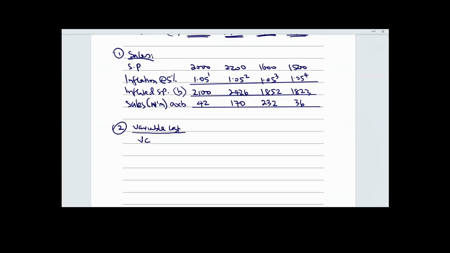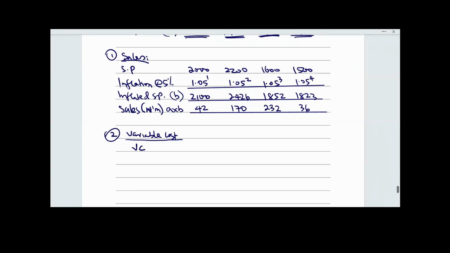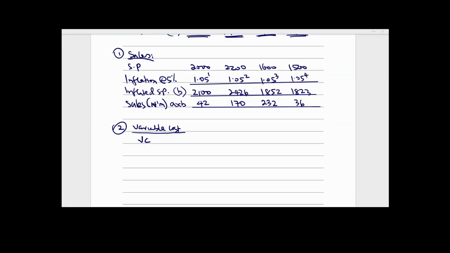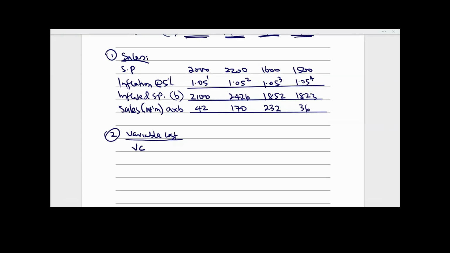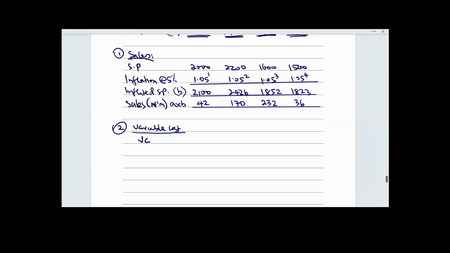According to the question, variable cost per unit in current price terms is 900, 1,000, then 1,020. The first year price is 900, then 1,000, then 1,020, again inflation.